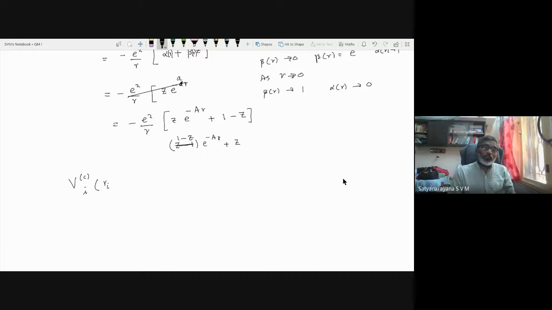So V(r) is equal to minus e square by r into 1 minus Z into e to the minus A r plus Z.